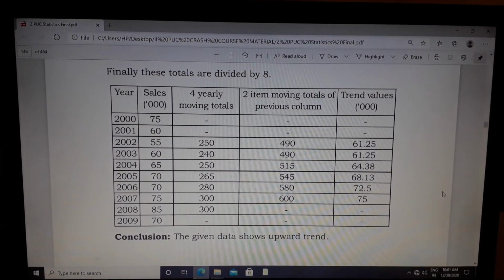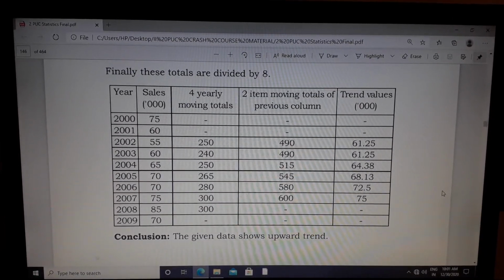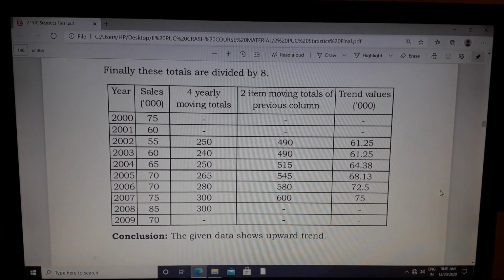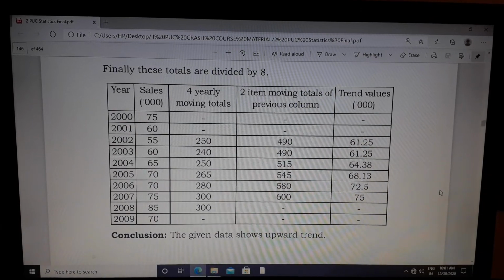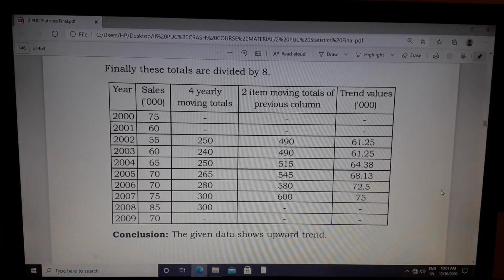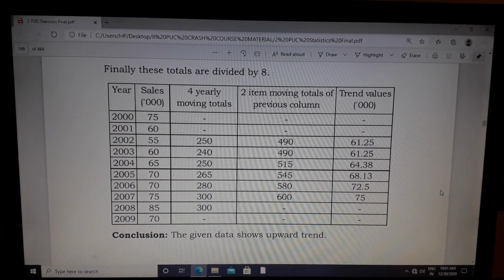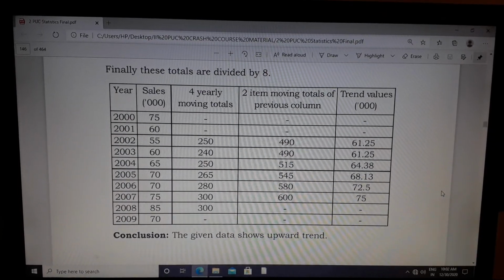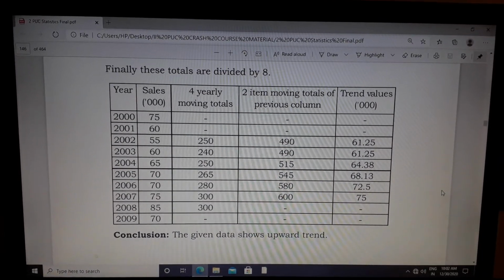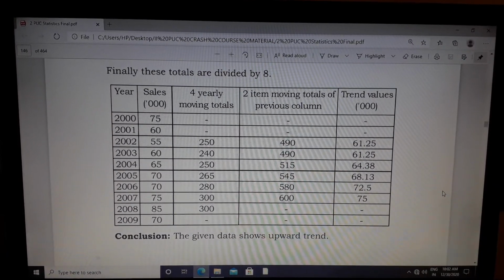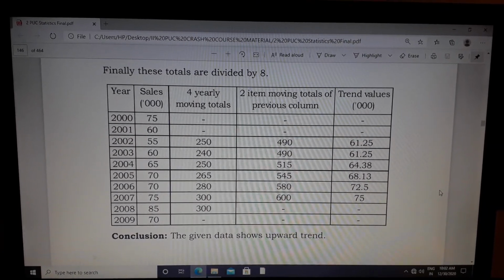Yes, look at this. 250 plus 240, writing in between 490, and 240 plus 250, again 490, writing in between. 240 and 250, again 250 and 265, 515, 265 and 280, 545, and 280, 300, 580, and 300, 300, 600.